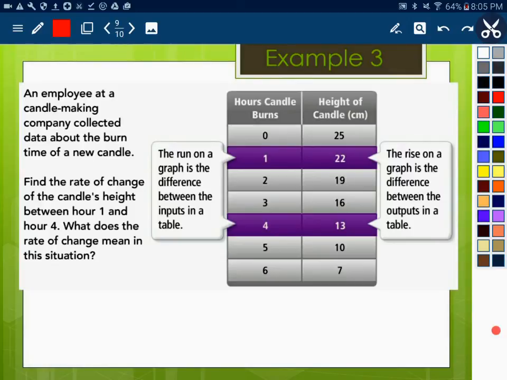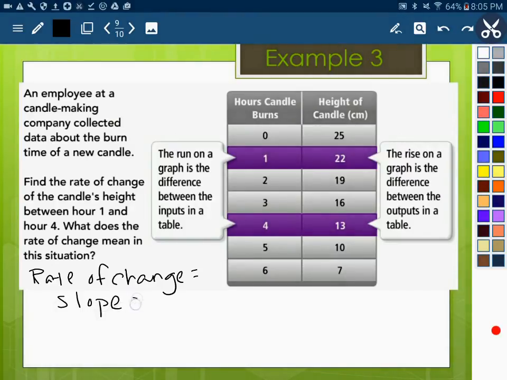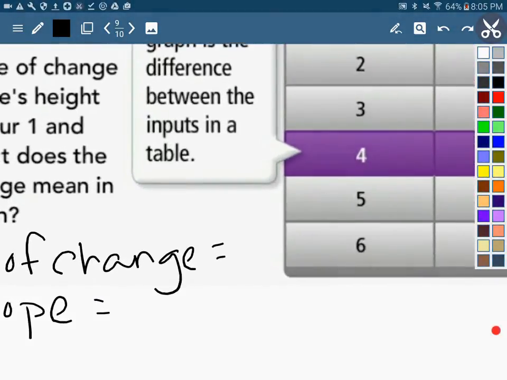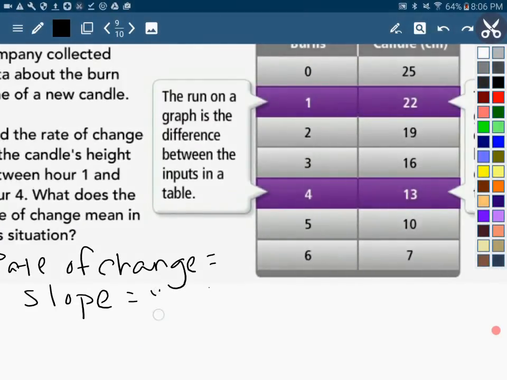So we're going to use our slope formula here because rate of change is the same as slope. Rate of change is equal to slope, and slope is equal to the formula y2 minus y1 over x2 minus x1.